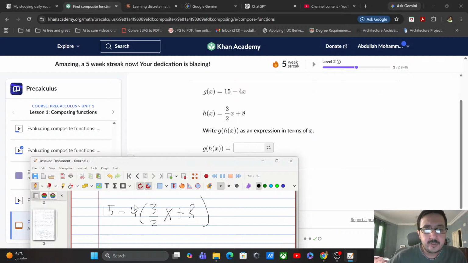And here I'm going to distribute the minus 4 and get rid of the brackets, instead of keeping them and distributing the 4 and keeping the minus, because it really does matter in the case of variables.